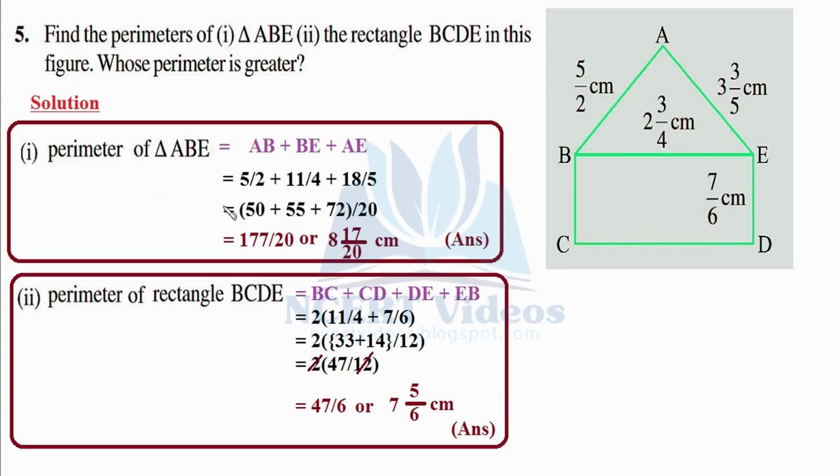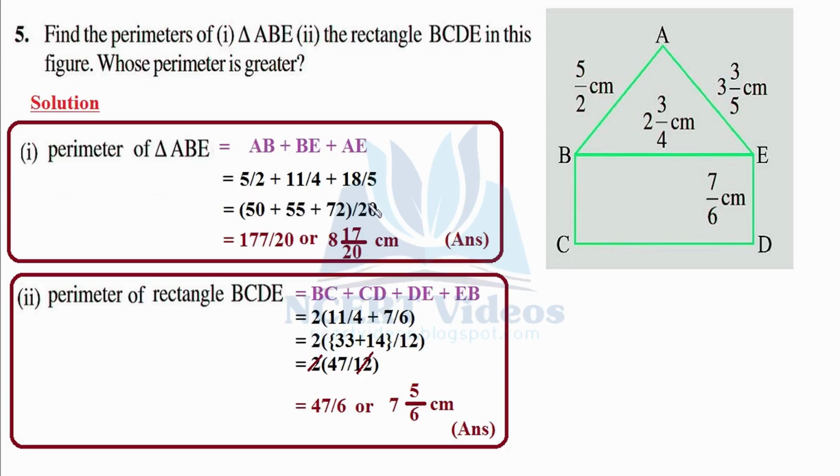So the same is done here, putting the values 5 by 2, 11 by 4 because 4 2s are 8 plus 3 is 11 by 4, and 18 by 5 because 5 3s are 15 plus 3 is 18. So now solving it, the LCM from the denominator can be achieved as 20 because 5 4s are 20, which is divisible by all the denominators, therefore taking 20, and then 2 10s are 20 and 10 5s are 50, therefore 50 came, then 4 5s are 20 and 5 11s are 55.